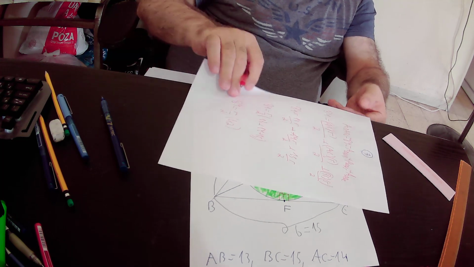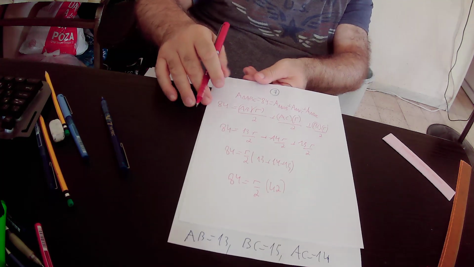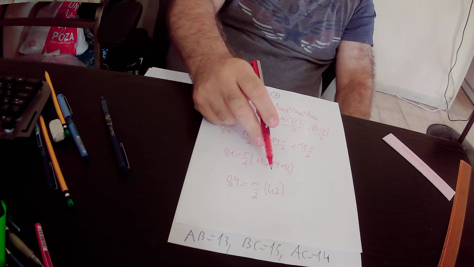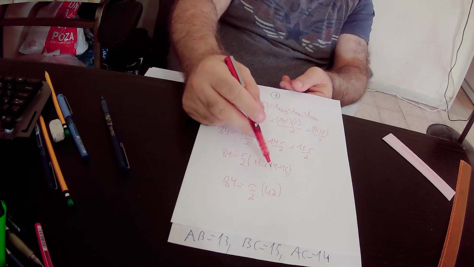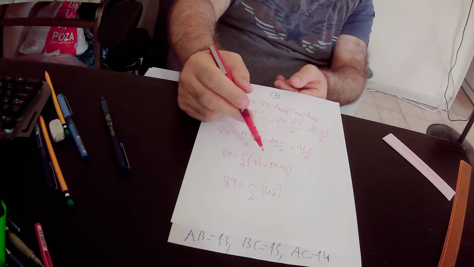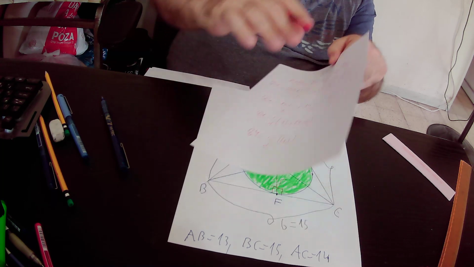We got that 84 equals R over 2 times 42. 42 over 2 is 21, so I write it down.